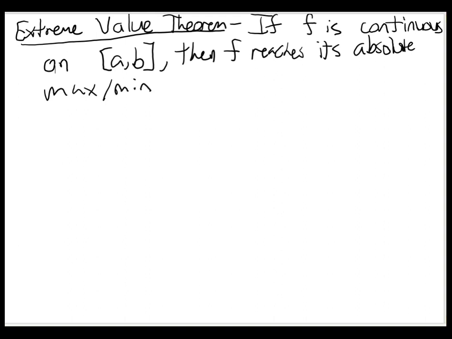So what that's saying is, if I give you a continuous function in a closed interval, and I ask you what is the absolute maximum or what's the absolute minimum, you can't say it does not exist, because it will by this theorem.